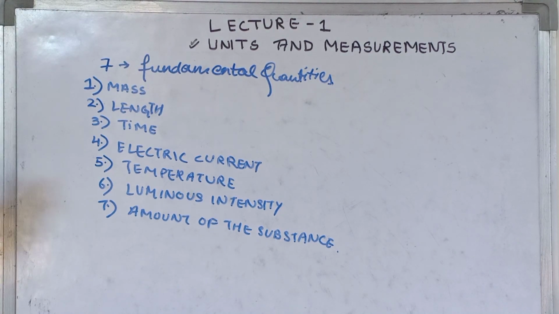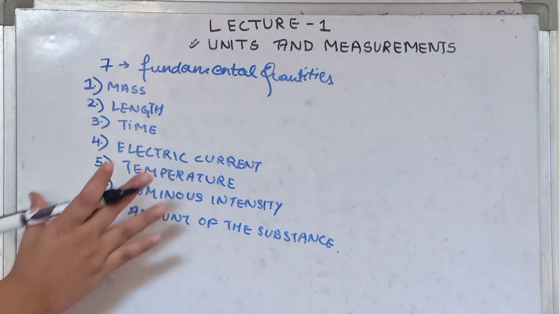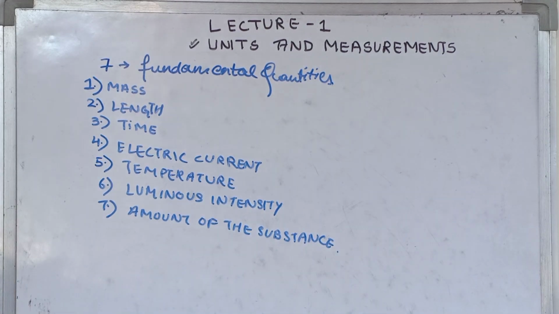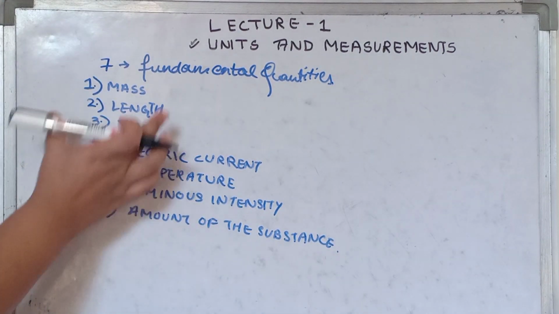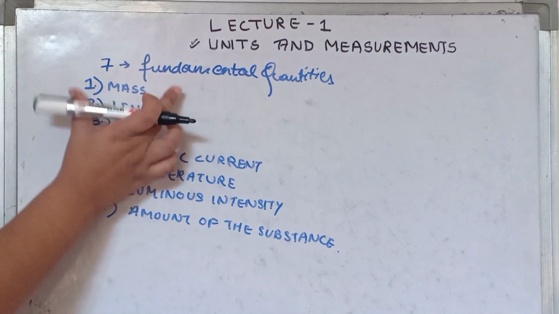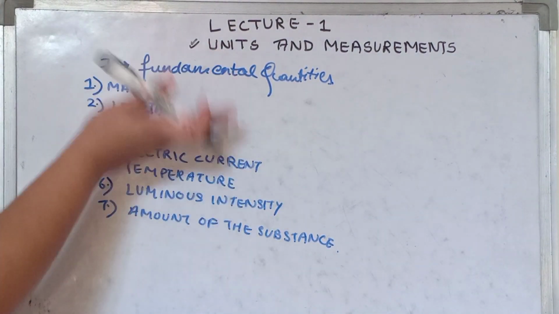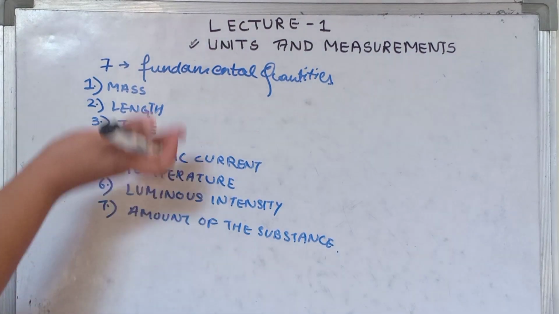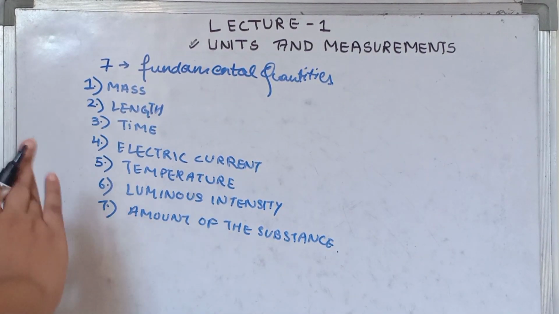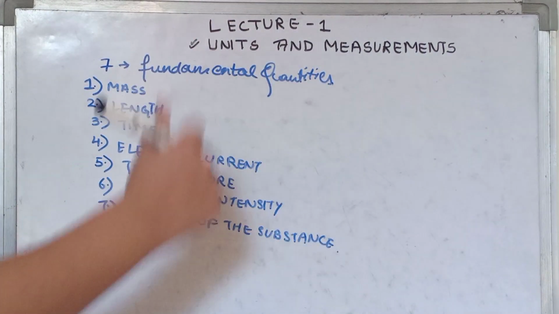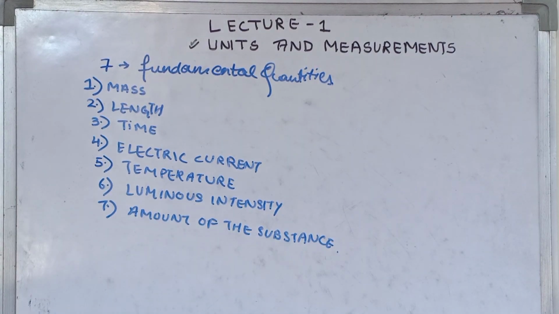So this simply means that we cannot use any physical quantity in the world to define mass except mass itself. Mass is defined by itself only. Length is defined by itself only. It cannot be derived from other physical quantities.